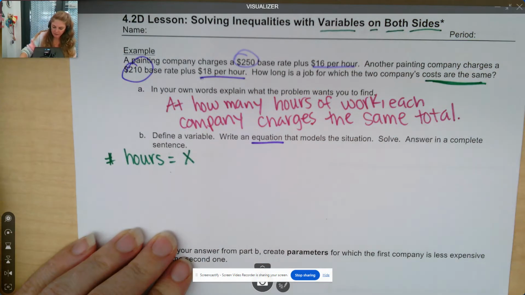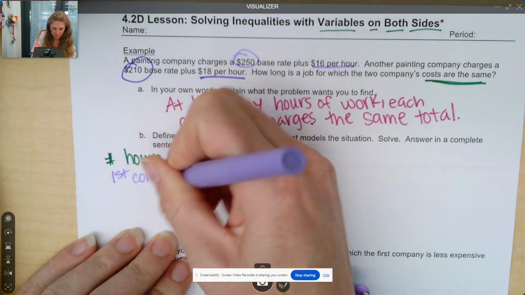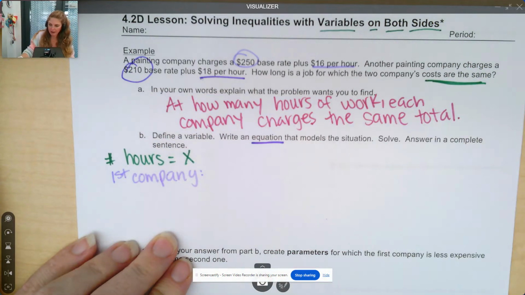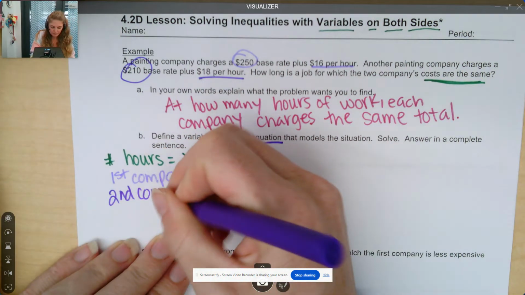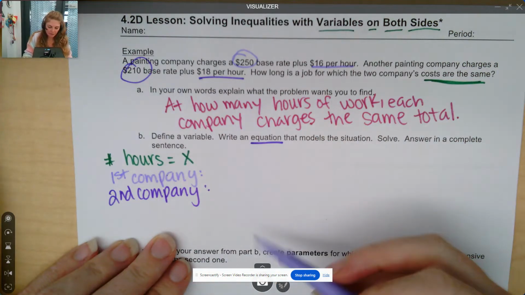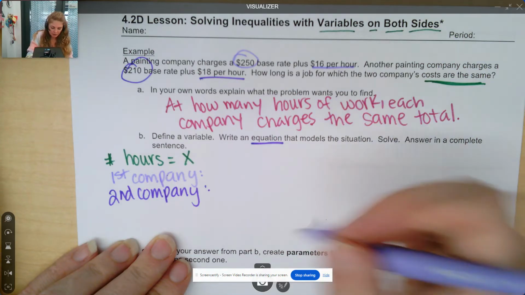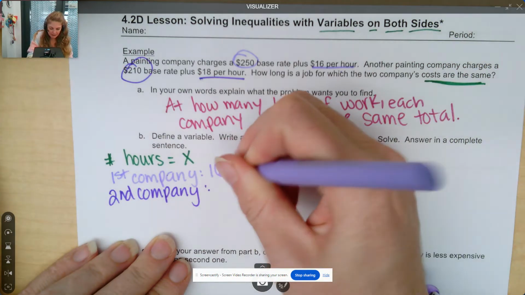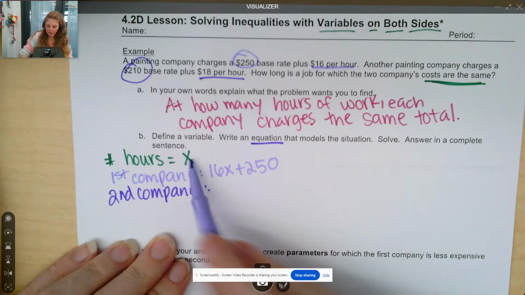And we'll have the first company, because we want to talk about what these unknowns are. And we're going to have the second company. So the charges for both of them. The first company has a $250 base rate and $16 an hour. So we can think about it as 16x plus 250, $16 for every hour.